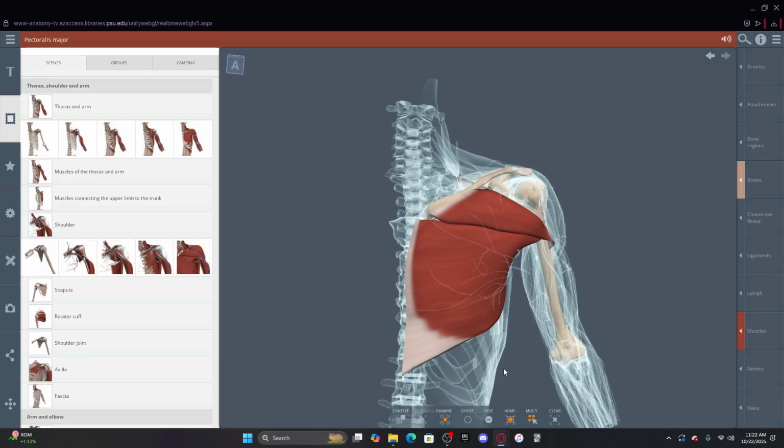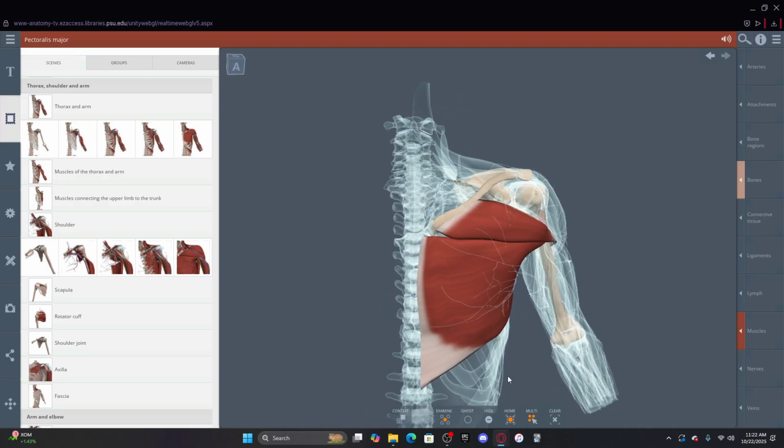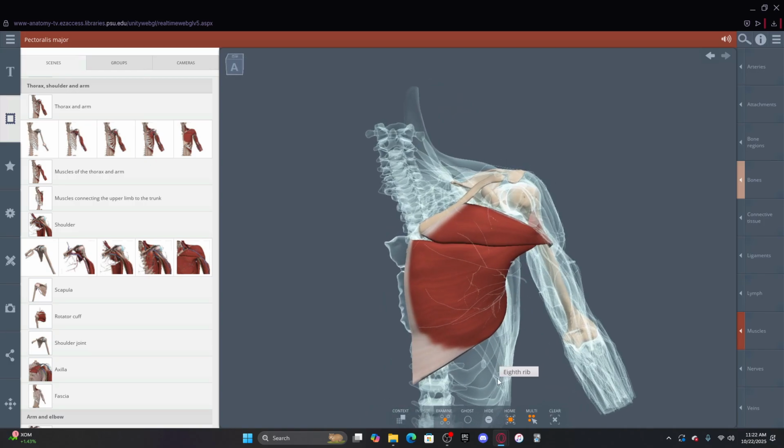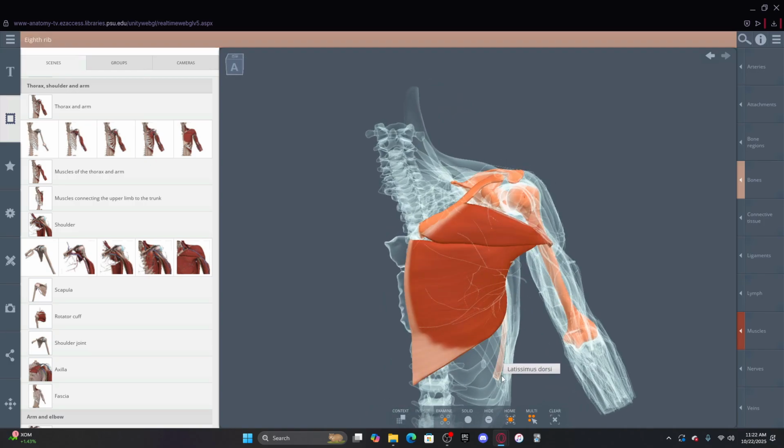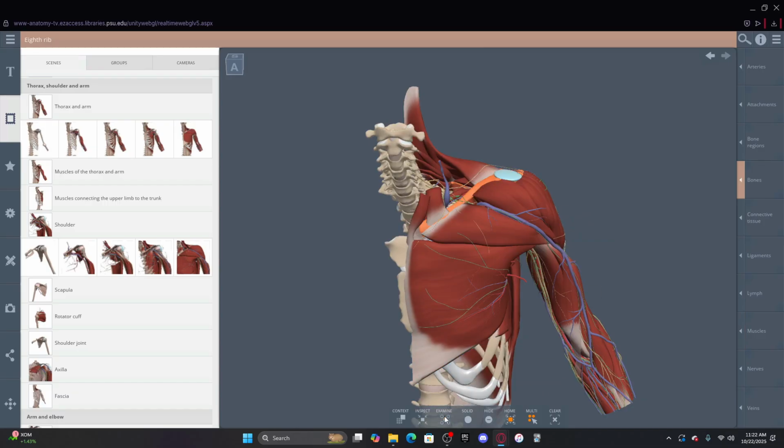The humeral shaft is the distal attachment point.